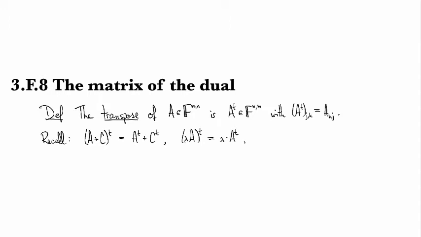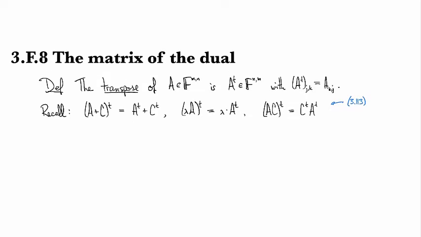And if you have a matrix product, so assume those things are the right size so that the product makes sense, then the transpose is going to be C transpose A transpose. And for this one, you might want to look back at 3.103. Okay, so that was in the last clip, right?